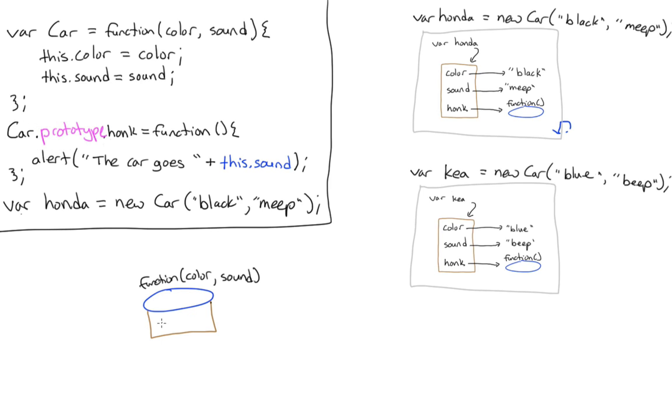So down here, every function in JavaScript has a property called prototype. And that always points to a blank object. So we have prototype pointing to this blank object.